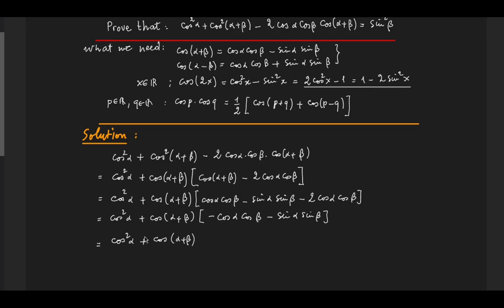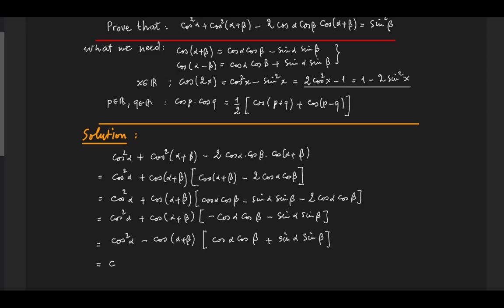So it's equal to cos squared alpha plus cos of alpha plus beta. We can factorize the minus, so it'll become minus cos of alpha plus beta times cos alpha cos beta plus sine alpha sine beta. Good. But this sum, cos alpha cos beta plus sine alpha sine beta, is exactly cos of alpha minus beta.